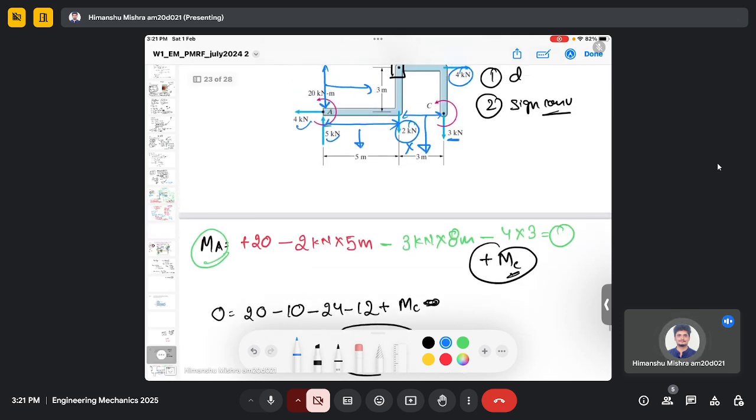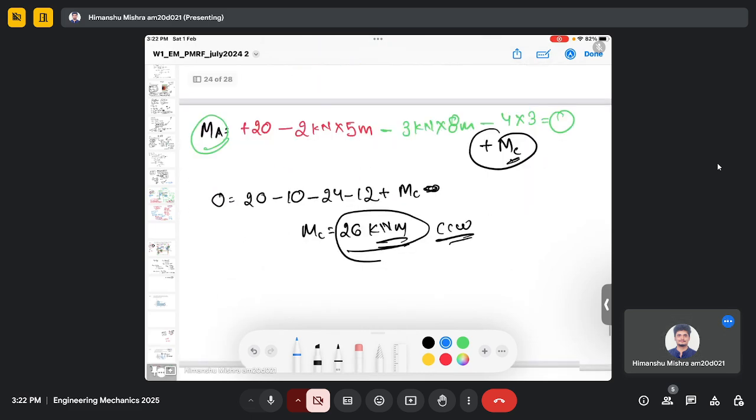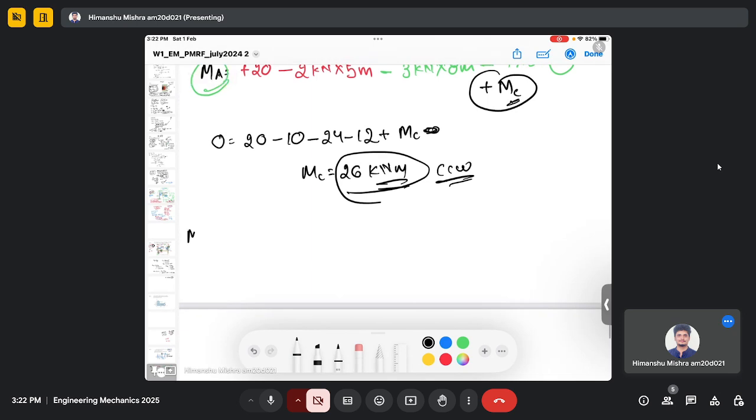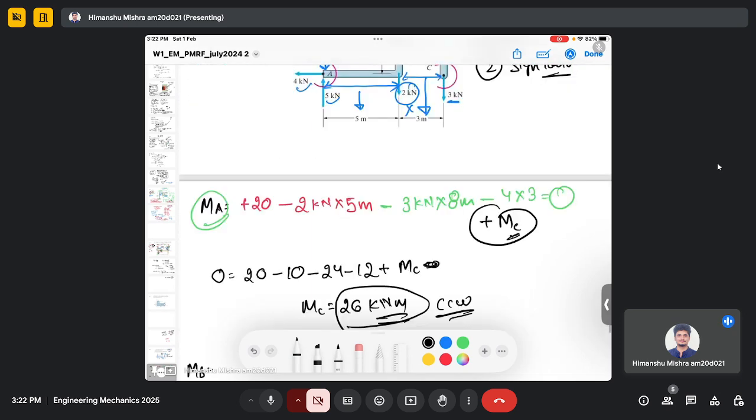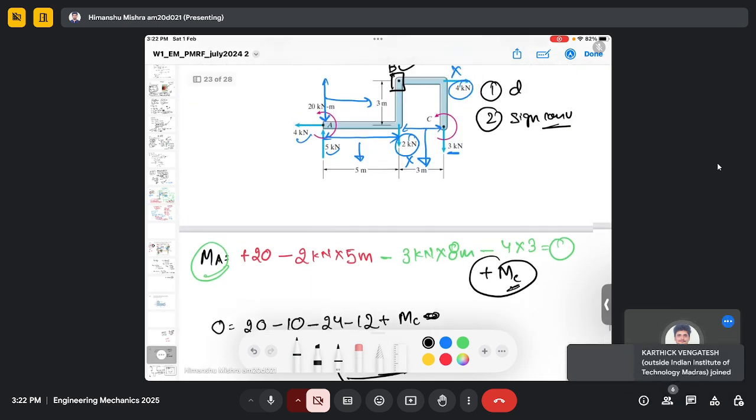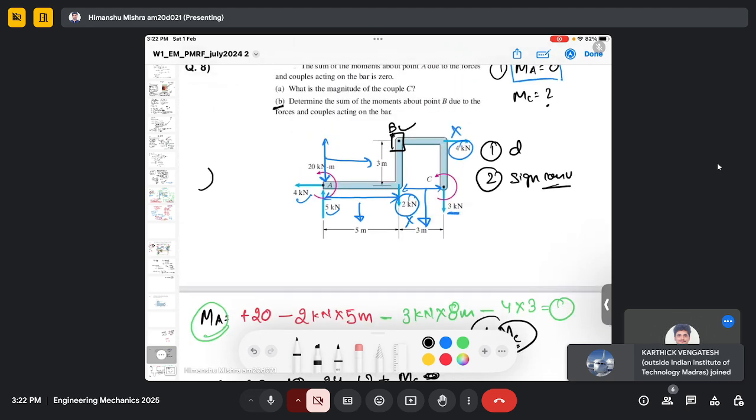So we have identified the forces which will induce the movement at point B. Now we will follow the sign convention. We follow the same: counterclockwise we will consider as positive, and clockwise we will consider negative.